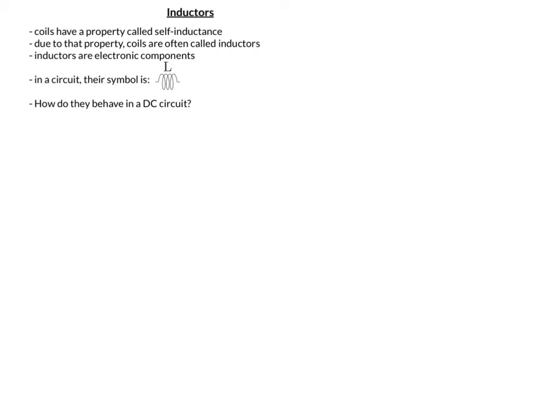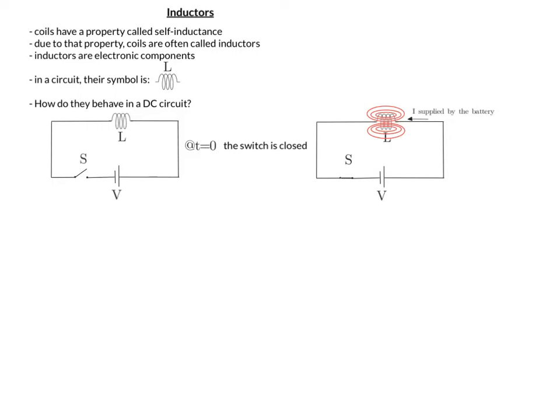Now, how do they behave in a DC circuit, a direct current circuit? Here we have a little circuit. There is an inductor, a battery, and a switch. At time equals 0, we'll close the switch and see what happens. The battery is trying to push a current through the inductor.